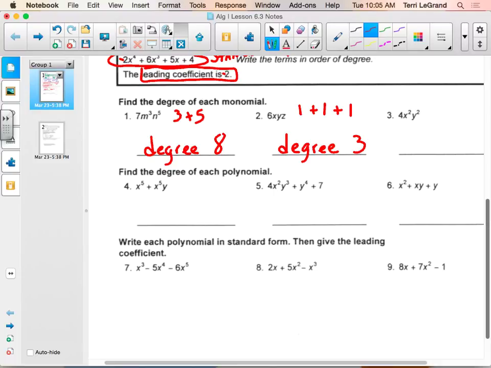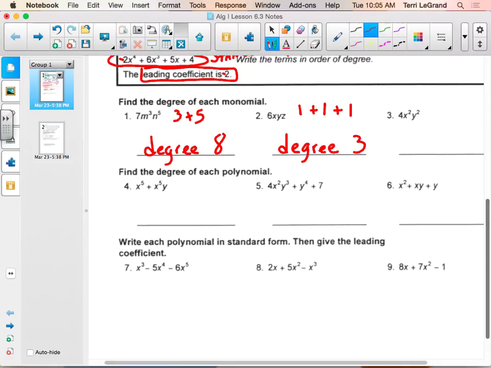Aaron? 4x squared and y squared, it would be 4x squared plus what? Wouldn't it just be like that? Its degree is 4, because that's 2 plus 2. What do we do?